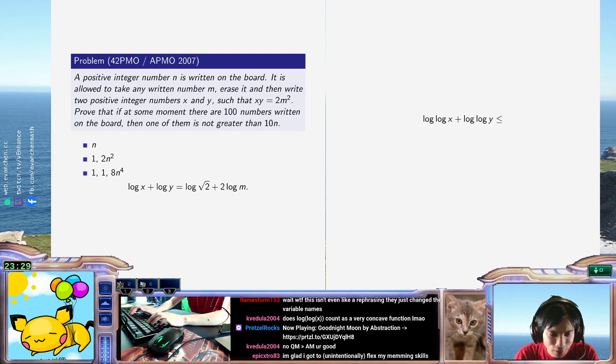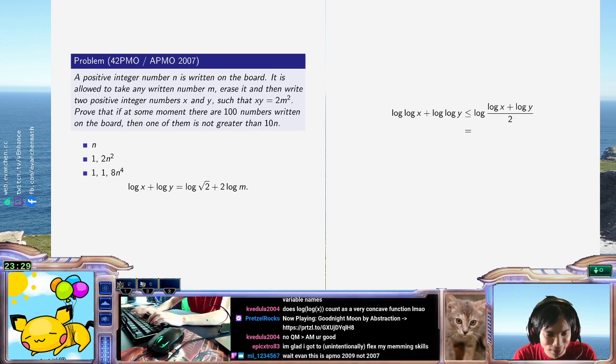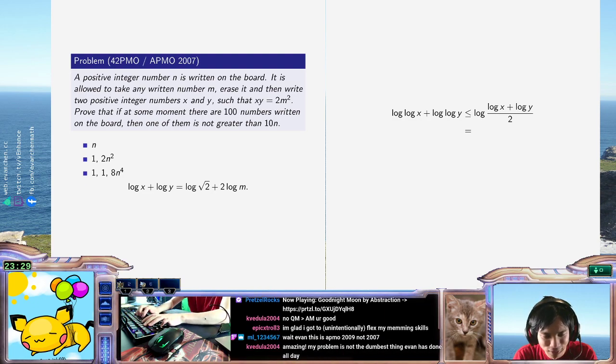So because log is a concave function, this is at most log of log x plus log y over 2. And because it's inside of this, this is log of 2m squared over 2.